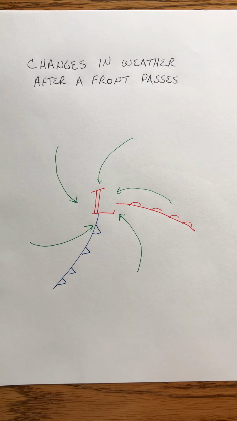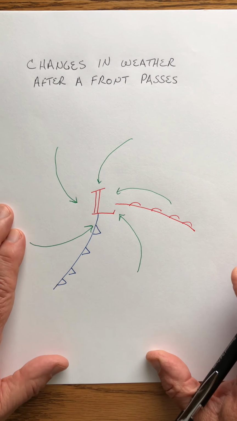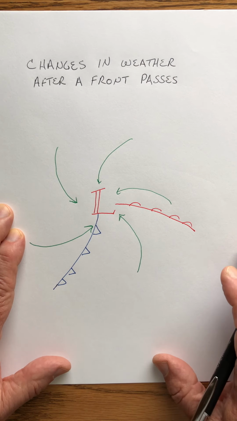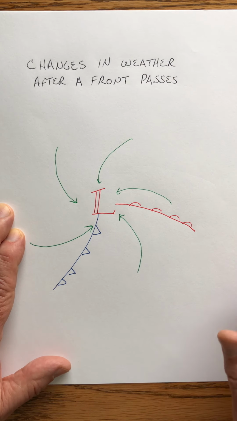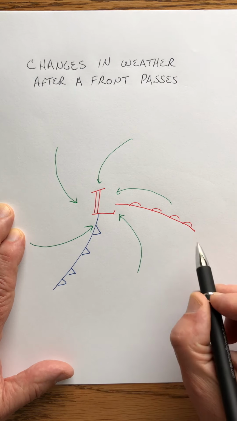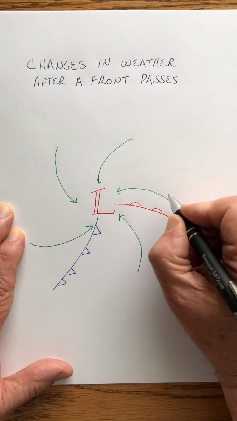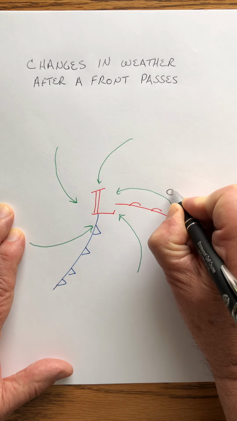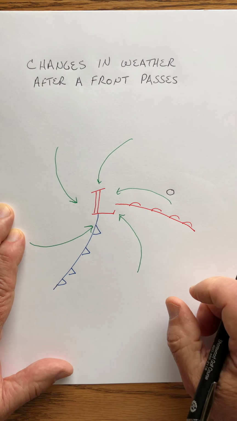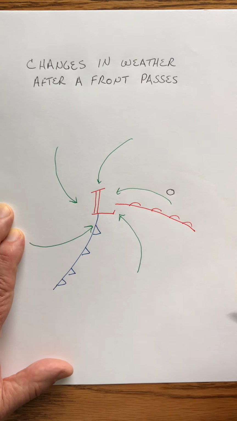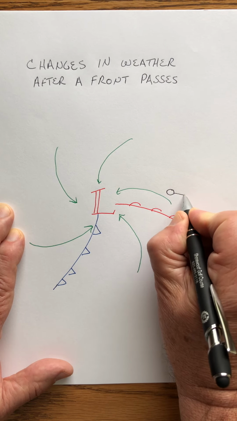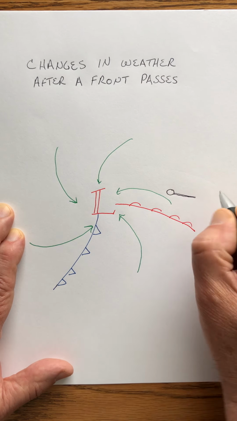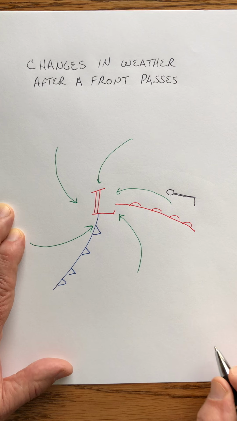Now what we're going to do is draw in weather station models in the various areas around this low pressure and see how weather changes with the passage of a warm front or a cold front. So if we have a weather station model to the north ahead of a warm front, notice that the wind direction is typically going to be easterly. We'll just make that 10 miles per hour.